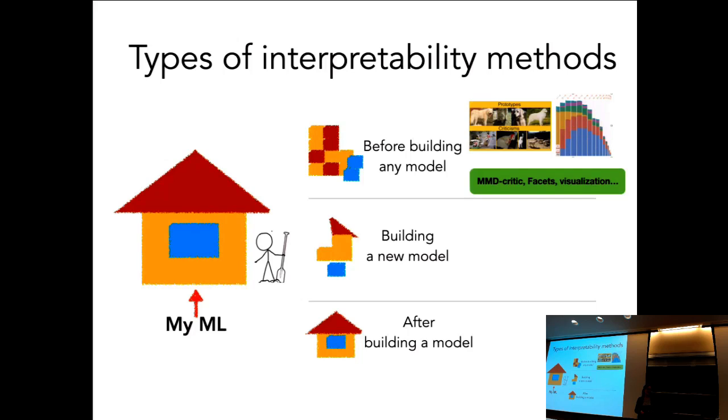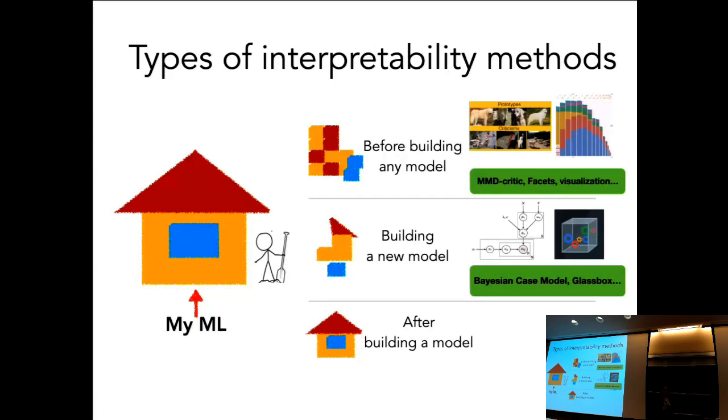Facets, or my work MMD Critic, which selects prototypes from a complex data distribution to give you a sense of what your data distribution looks like, falls into this category. If you have the power to build a brand new model that can replace the existing one, or you're starting from scratch, then you can build a model that has interpretability inherently embedded in it. BCM or glass box falls into this category.